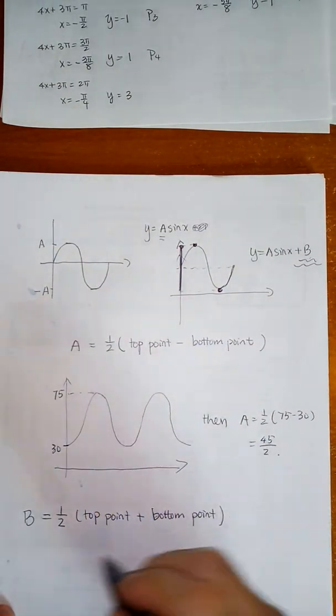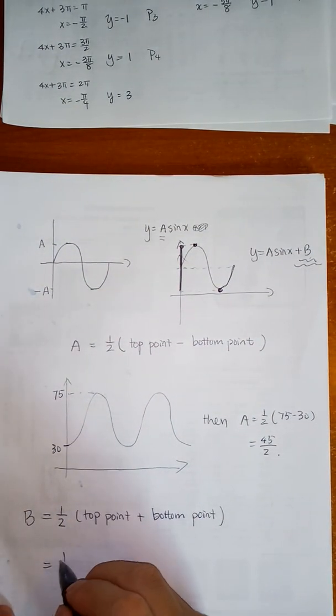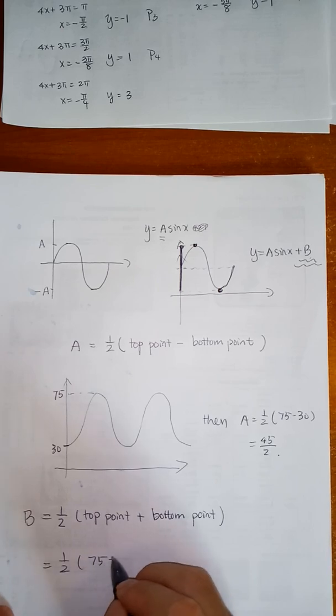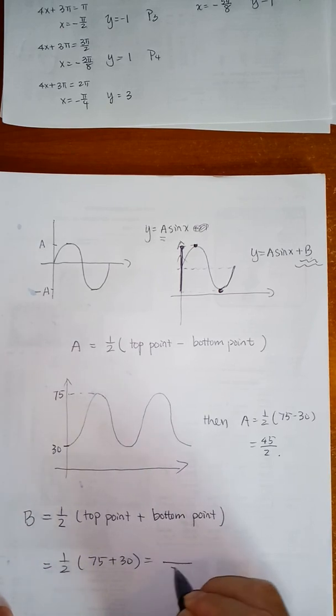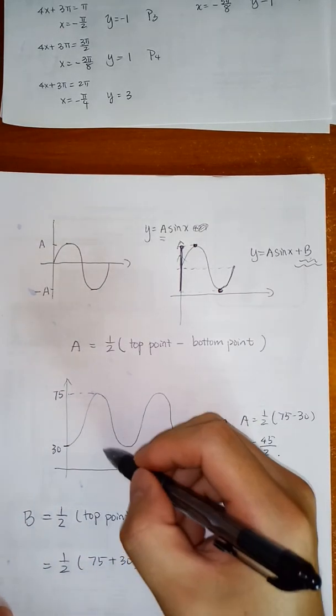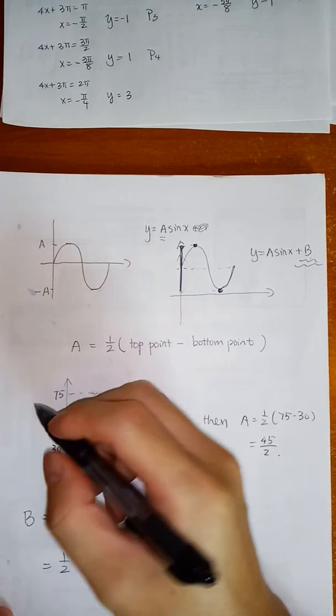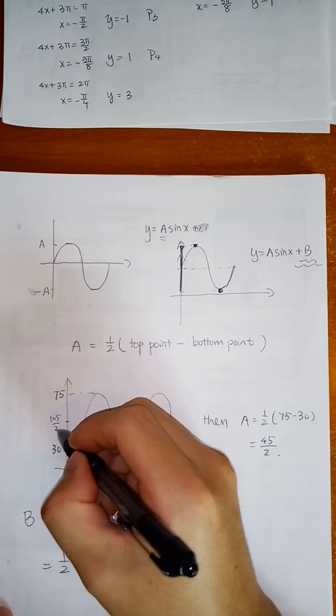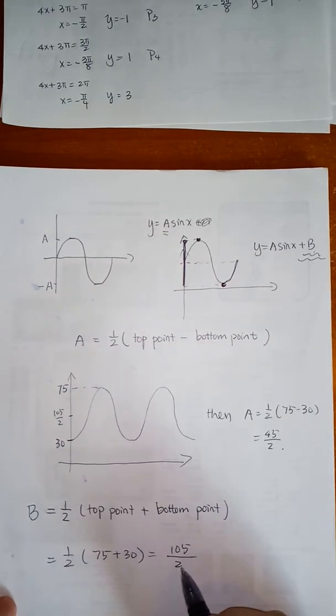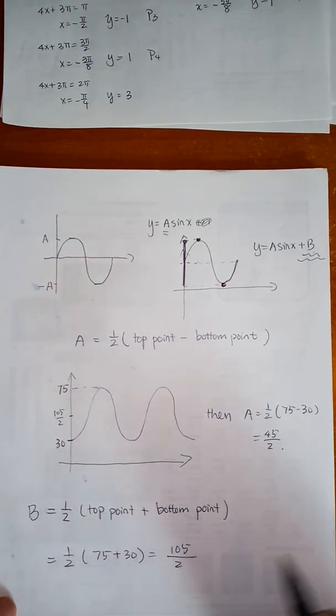Okay, so from here we know that B is 1/2 of 75 plus 30, which is 105 divided by 2. Don't forget divided by 2. You add them together and you divide it by 2.